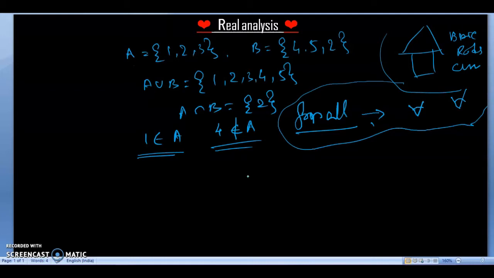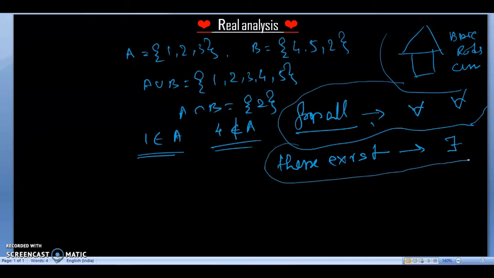And you have to know another notation, called there exists. We denote it by a backwards E, like the opposite of E. So these are some things you have to know before studying real analysis.